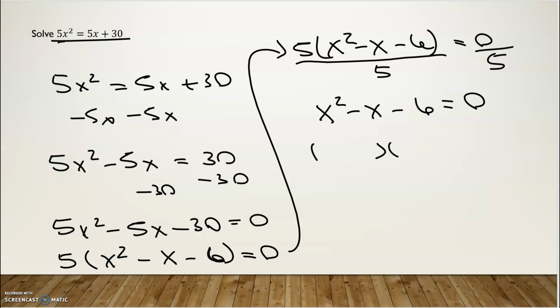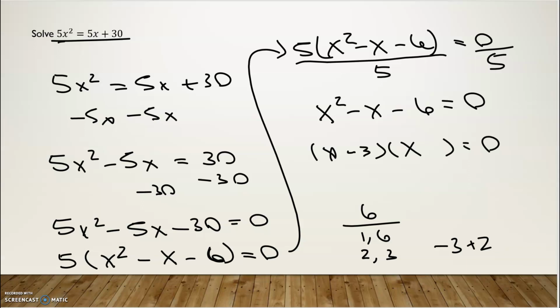So I'm going to break this up. X here, and then I need factors of 6. And I need to get to negative 1. 1 and 6 is not going to work, but 2 and 3 will if I have a negative 3 and a positive 2. So negative 3 times positive 2 gives me negative 6.